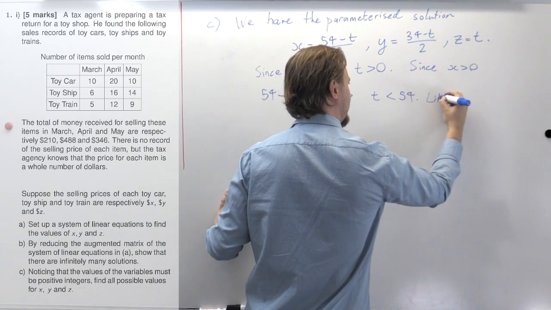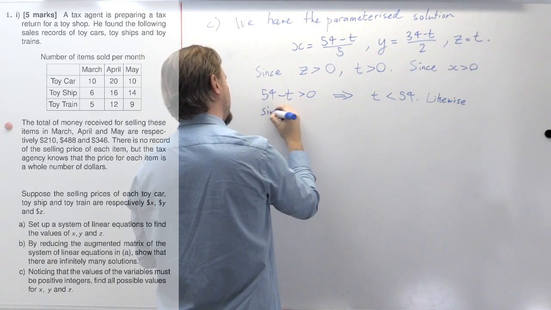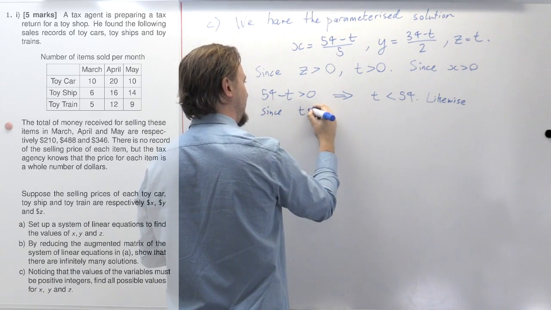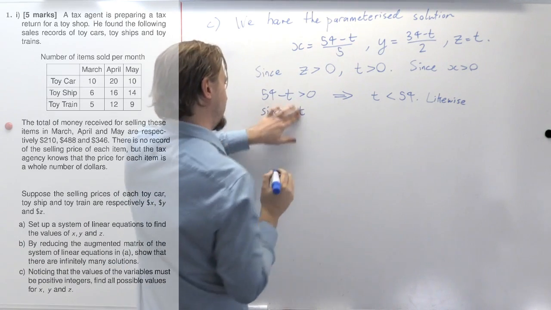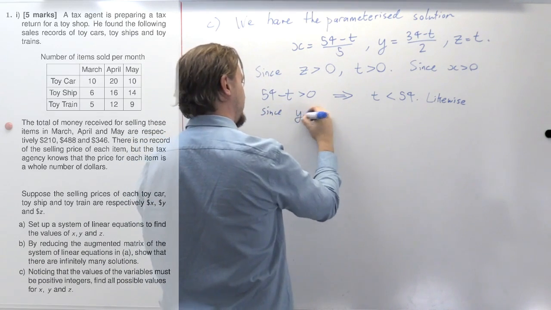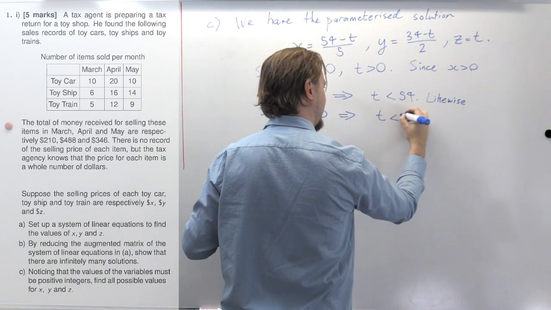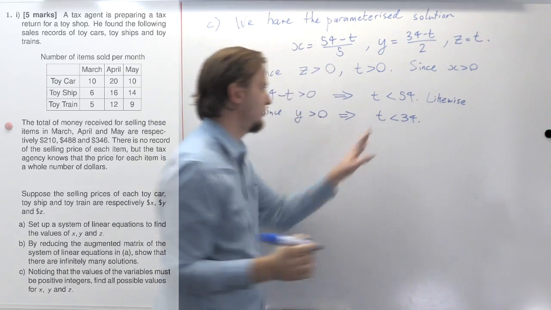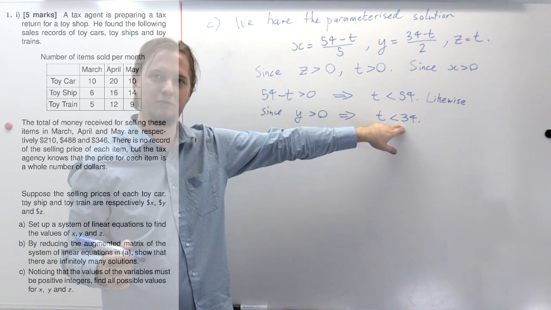And likewise, since y was greater than 0, we immediately get that t is less than 34. So this one's kind of irrelevant because now I know it's somewhere between 0 and 34.